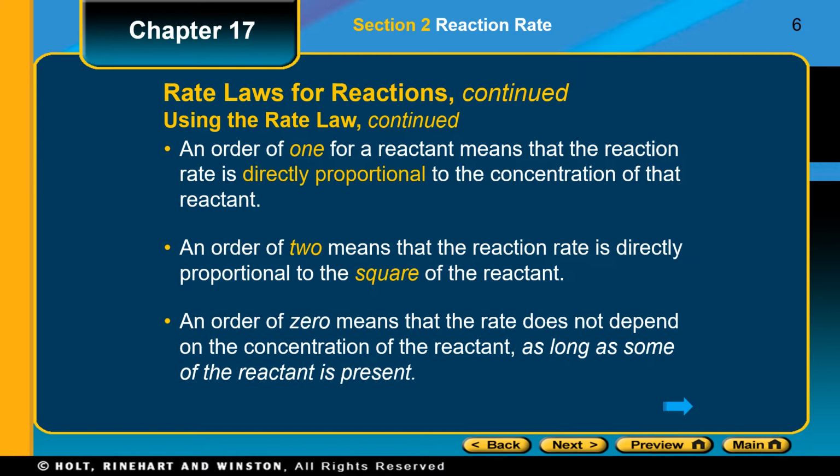So if you ever should see that in one of our examples that we will cover through the end of this chapter, where you have one reactant and the reaction rate just stays the same no matter what concentration I use, then you will put a 0 after it.